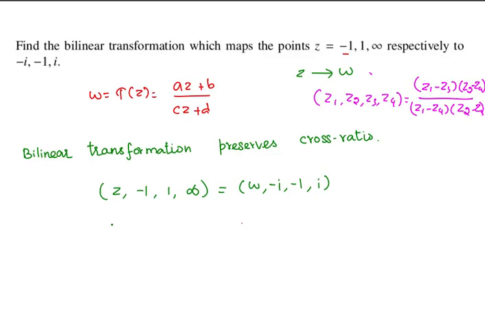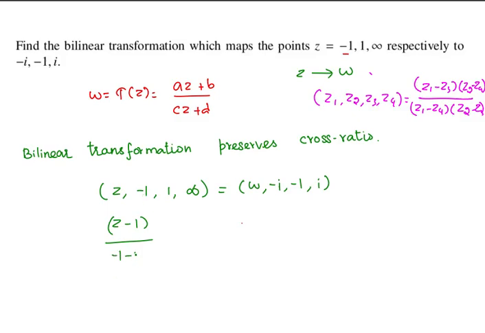So using this, we get z minus 1, and minus infinity, those terms will not appear because of the infinity, meaning you just remove it. Divided by z minus infinity, those terms will not be there, minus 1 minus 1.